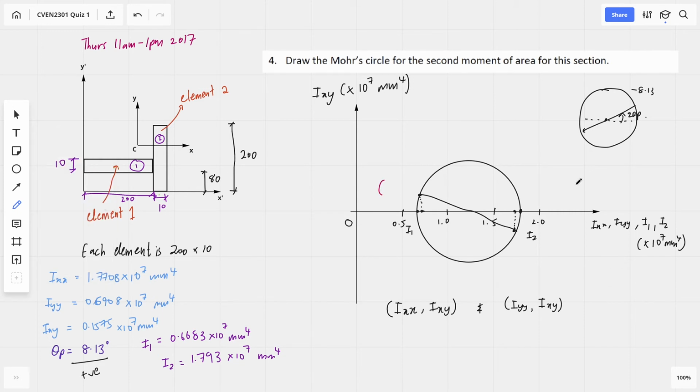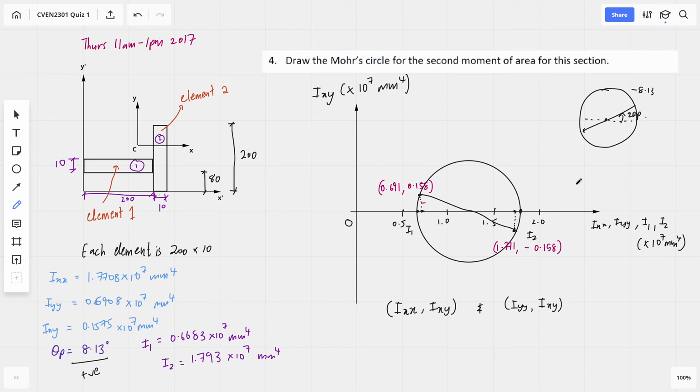So IXX was 1.77, oh wait, sorry, this is the smaller one, so this would be 0.691, comma IXY, which is going to be 0.158, and then the other point will be 1.771, comma minus this, remember the minus.